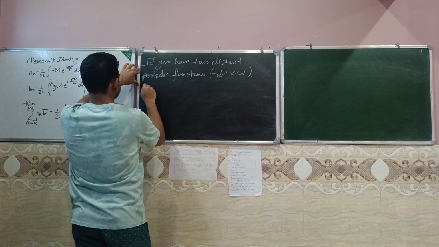Now we can isolate the i and x. We can just factor out i and x from the exponents. So a sub n is 1 over 2 pi times the integral from negative pi to pi of e to the i(1 plus n)x.